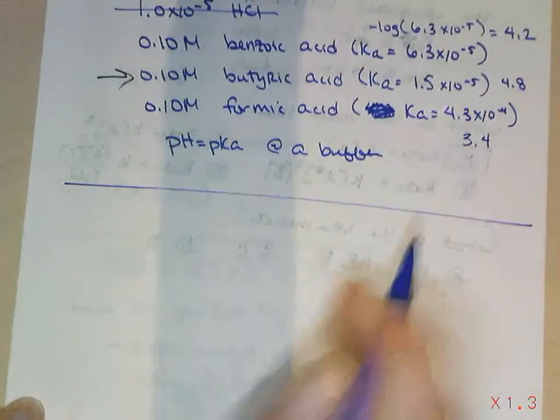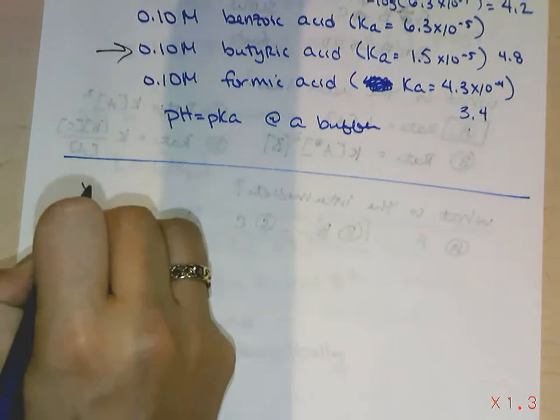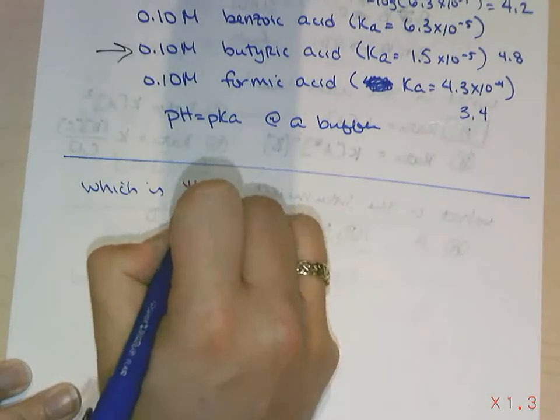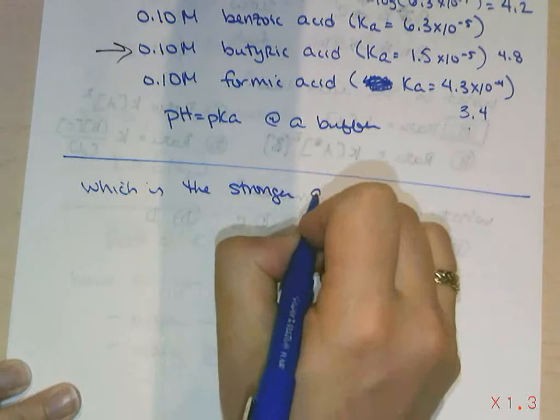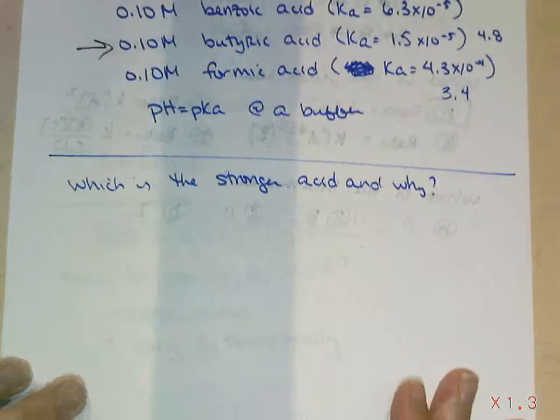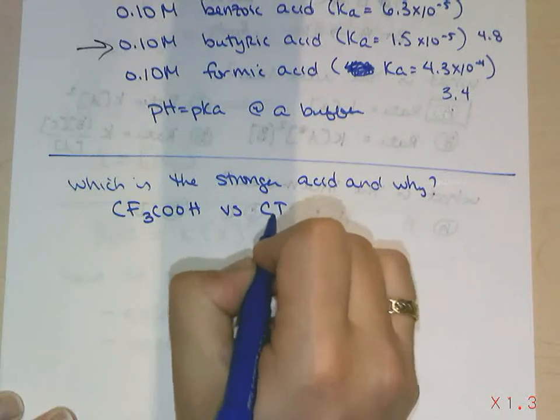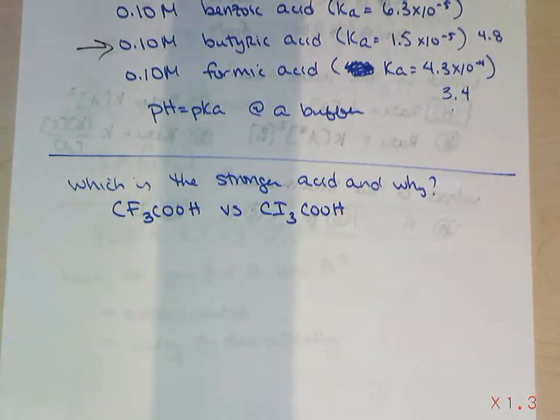All right, what if I have something like CF3COOH and CI3COOH?